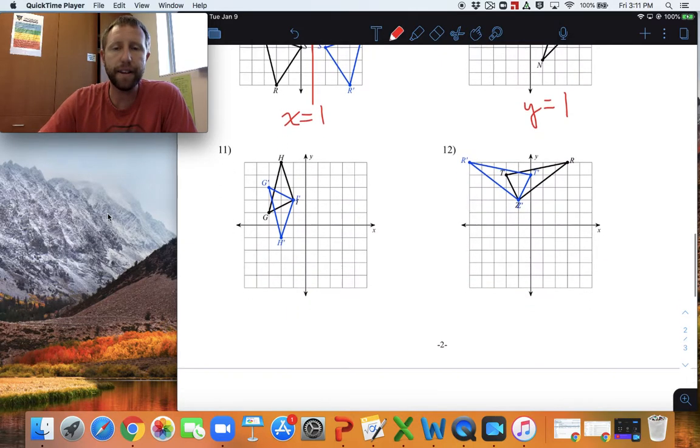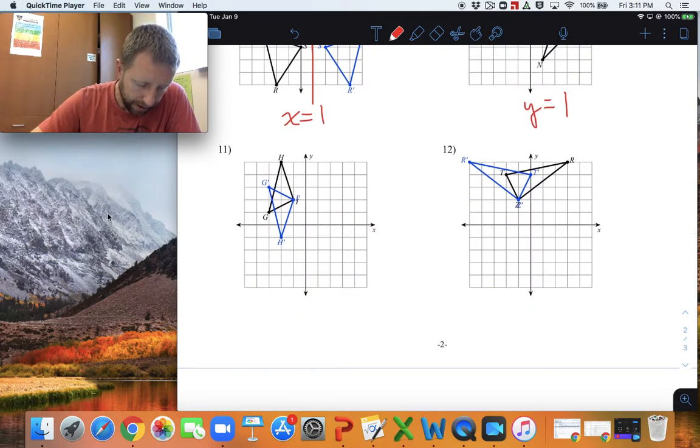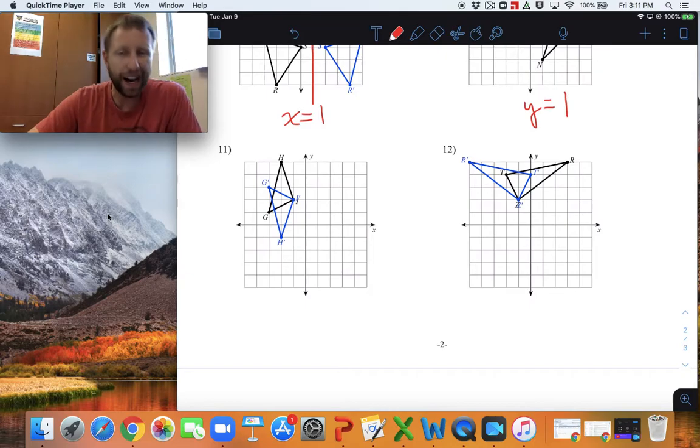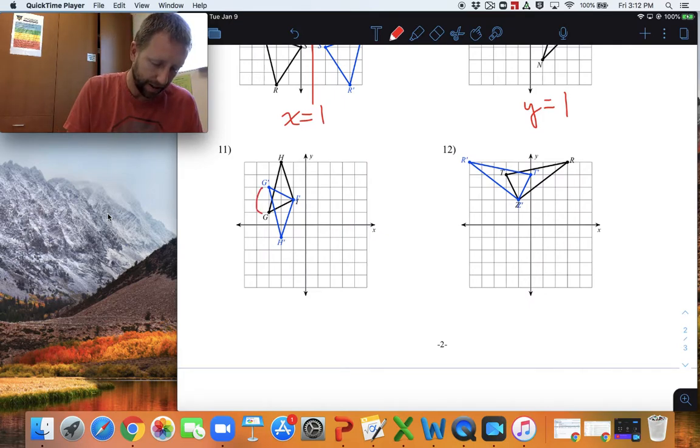For number 11, you can tell point I and I prime are the same point. G and G prime are only 2 points apart here, right? And then H and H prime are, how far is that? 1, 2, 3, 4, 5, 6 points apart.